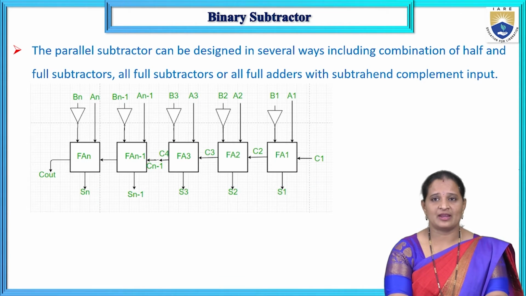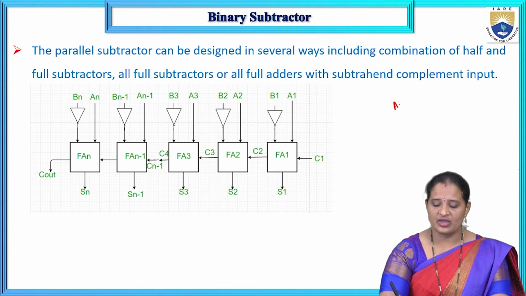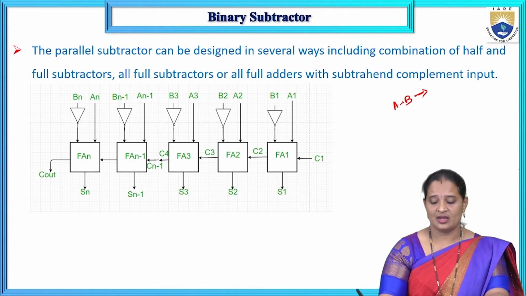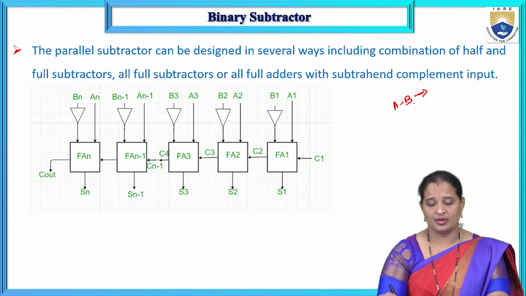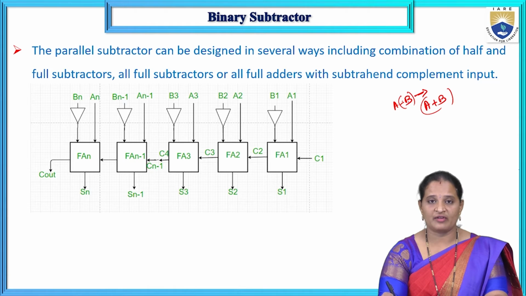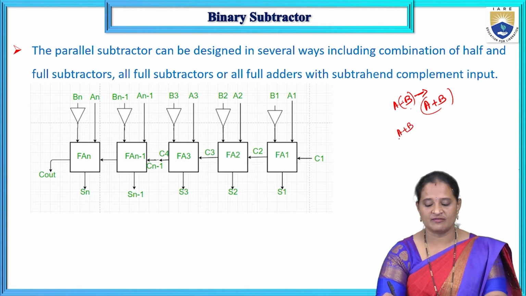As we all know, we can perform the subtraction operation with the help of an adder. How can we perform subtraction using an adder? The only thing is, we need to get the complement of the negative number, and the complement of a negative number is nothing but a positive number.